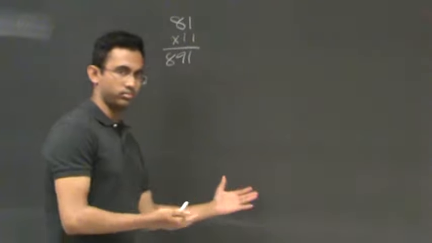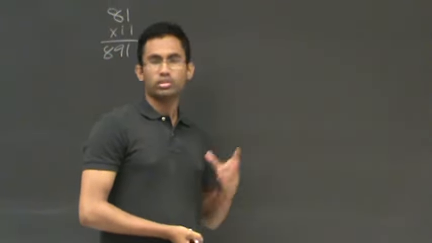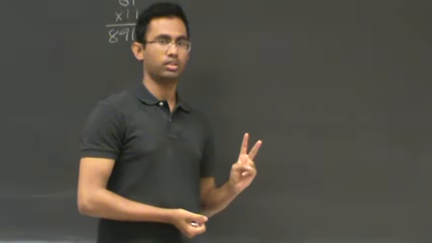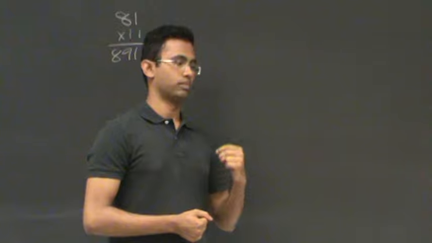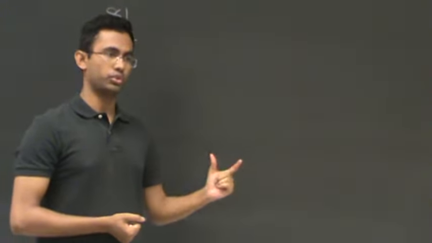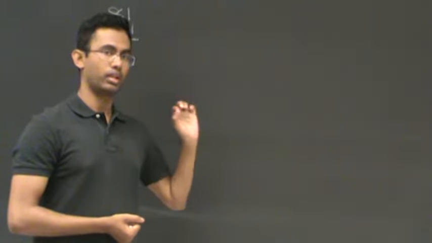Okay, so let's look at the theory and the rules. There are 3 rules. First rule: make sure you have 2 digits ranging from 0 to 9 only. Number 2: make sure the sum of the 2 digits makes up the number in the middle.